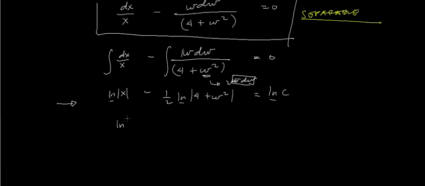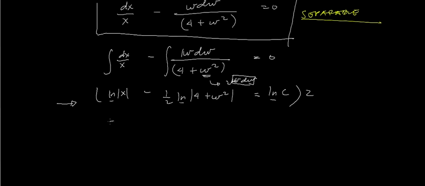Or we can further simplify this by using the rules of logarithm. So we have x, since we have a minus, so we have x over, maybe let's try to multiply both sides by 2, since we have 1/2 here.